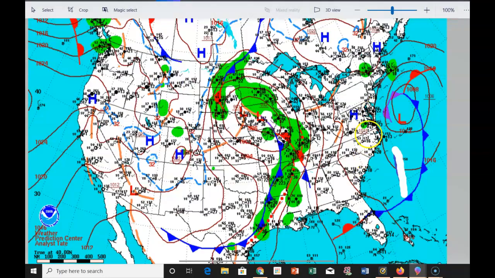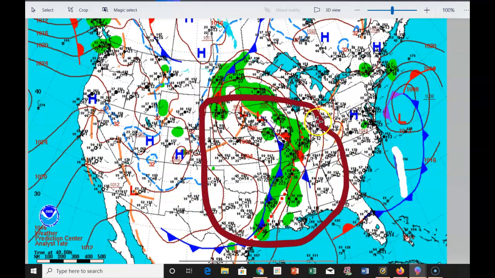All right, the next one I want to look at is a weather map, and there are a few things we can check in on this one. First of all, the major thing whenever you look at any weather map is the whole idea of the mid-latitude wave. And a mid-latitude wave, I'm going to circle it right here, is the major weather-producing feature in the continental United States.